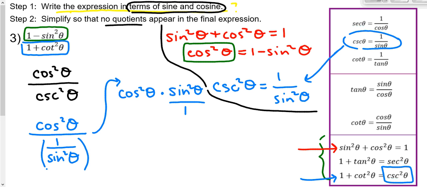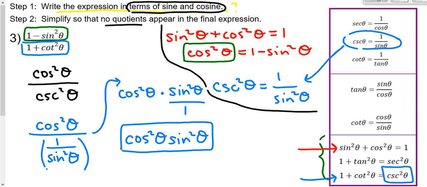Okay, so there's nothing more we're going to be able to do with this, except we could just write it without the 1 on the bottom, and we don't really need the dot in between. So cosine squared theta times sine squared theta. That is our simplified expression.